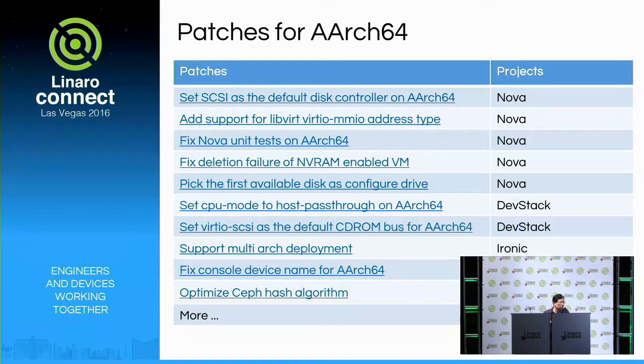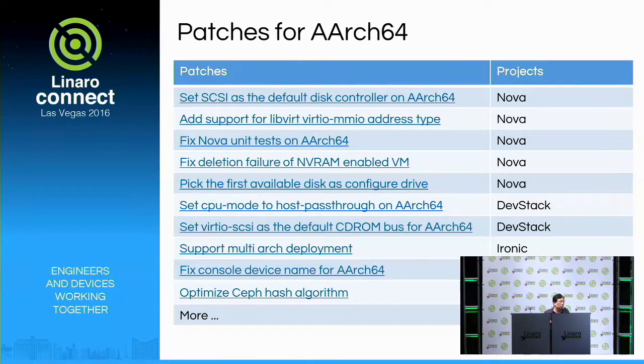Ironic is also an OpenStack service, which means you can use OpenStack to deploy OpenStack. This is very convenient. But there's one thing missing in the current implementation: the Ironic service code can only deploy x86 servers.